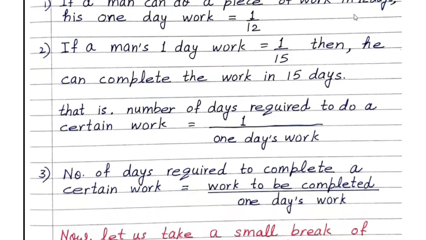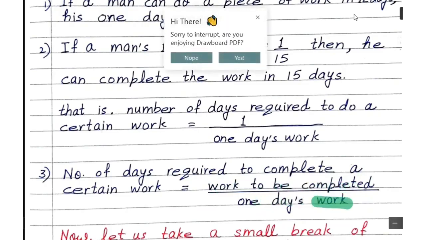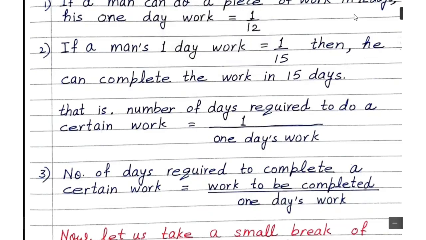Now see the third point: the number of days required to complete a certain work is equal to the work to be completed upon 1 day's work. I hope it is clear to everyone now. Very good.